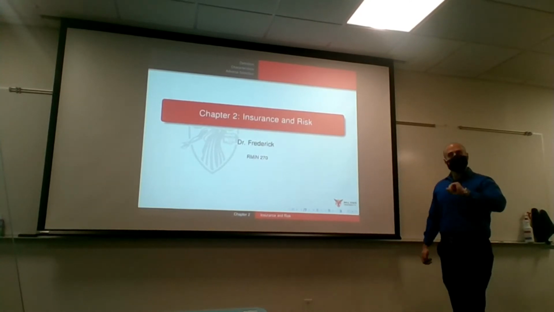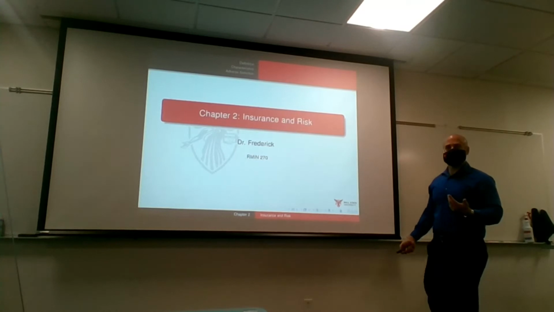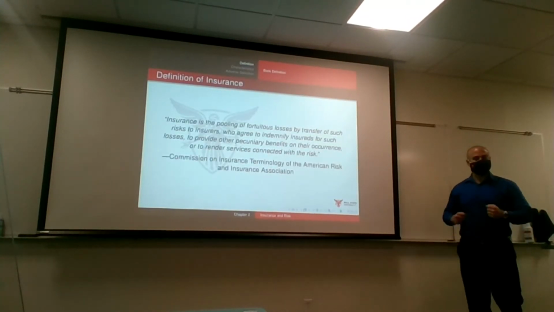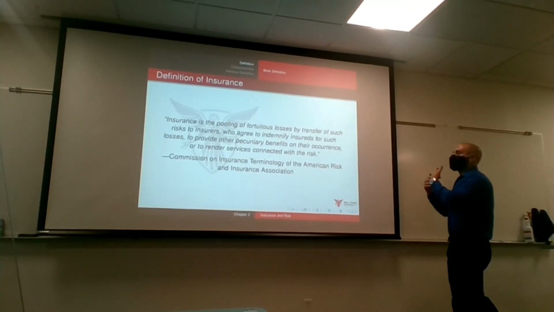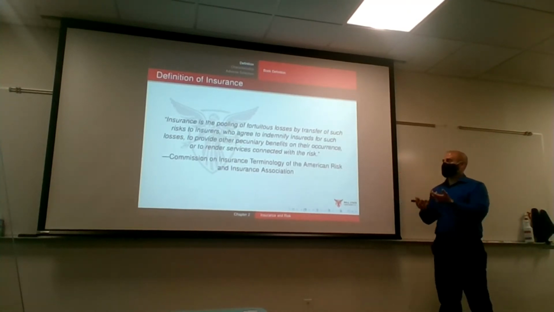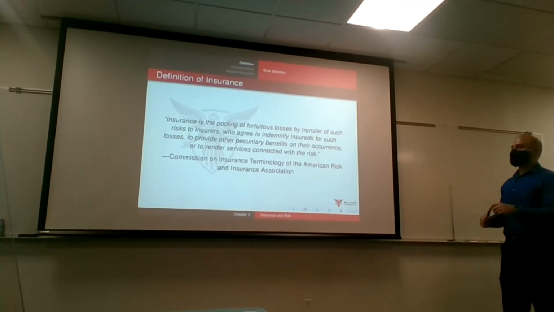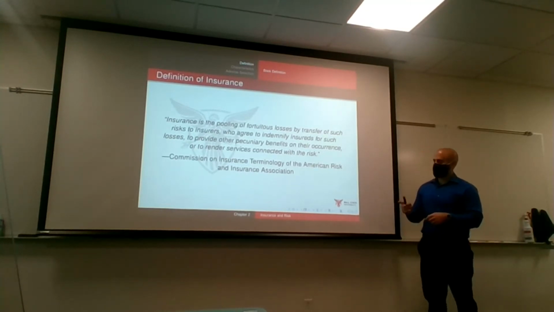Okay, so we've defined risk. What is a definition of insurance? One accepted and very thorough definition is from the Commission on Insurance Terminology of the American Risk and Insurance Association, which defines insurance as the pooling of fortuitous losses by transfer of such risk to insurers.